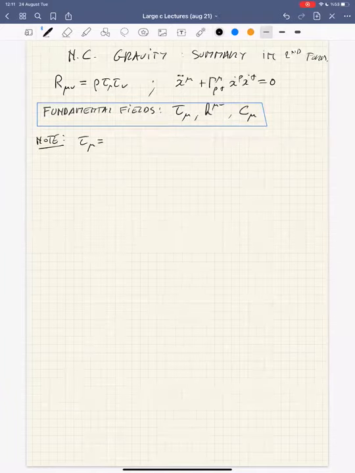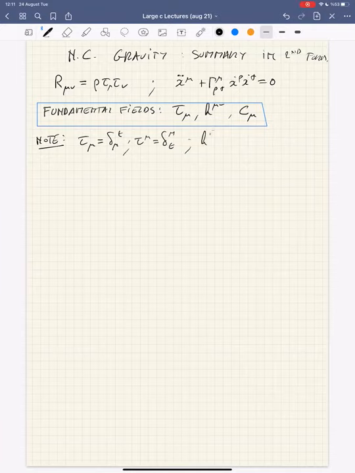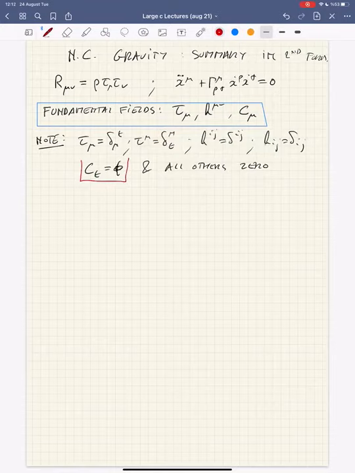In the special case, which up to gauge transformations you can basically always go to, if you take these choices, h ij equals delta ij, c t equals phi, and all the other components 0.